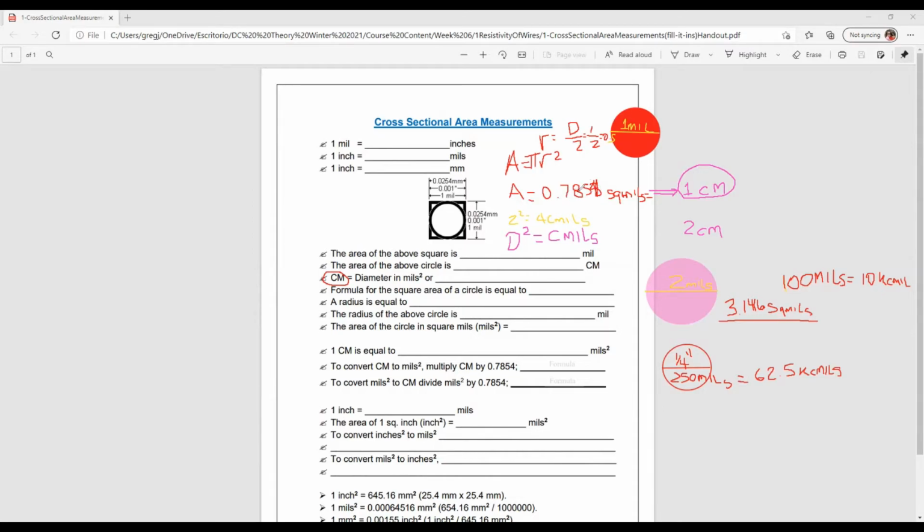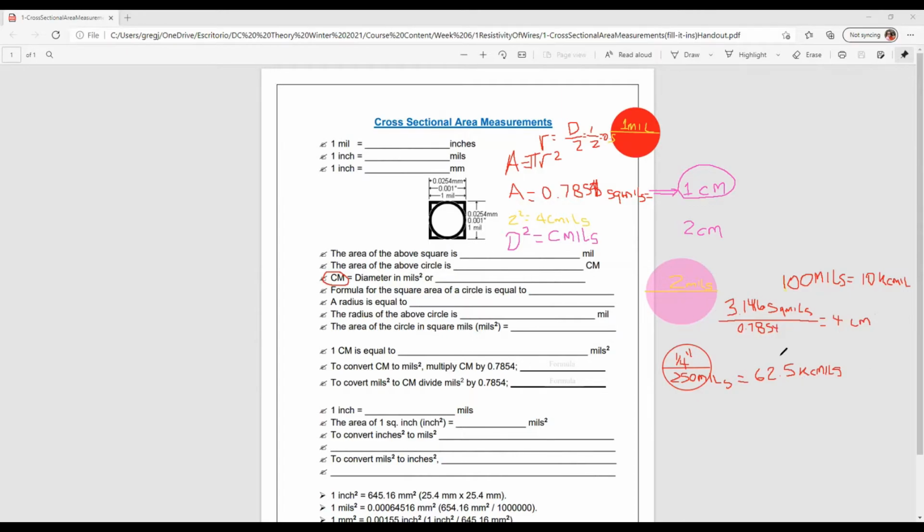So every time that we have 0.7854 square mils, we have 1 circular mil. So if we find the diameter in mils and we find the square area in mils, if we divide that square area by 0.7854, that's going to give us the amount of circular mils, which in this instance is going to be 4 circular mils.